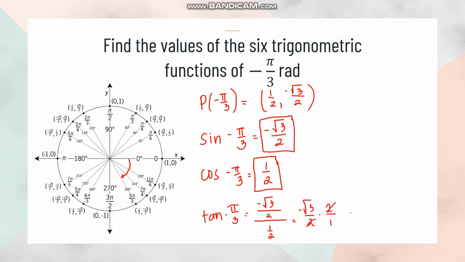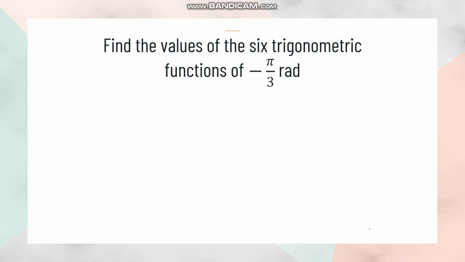We have negative square root of 3 as the tangent of negative pi over 3. So we will just continue solving this and also solve for the rest of the trigonometric functions. So let's write here again the point. So we have 1/2 and negative square root of 3 over 2.